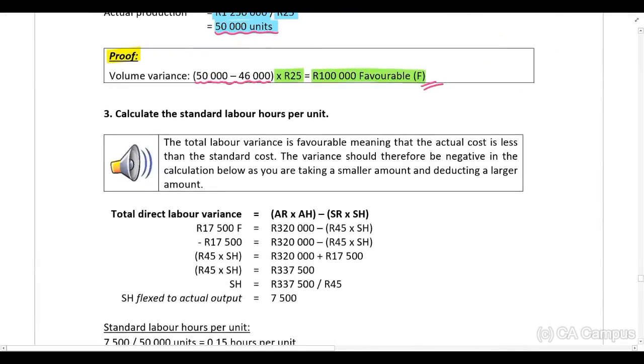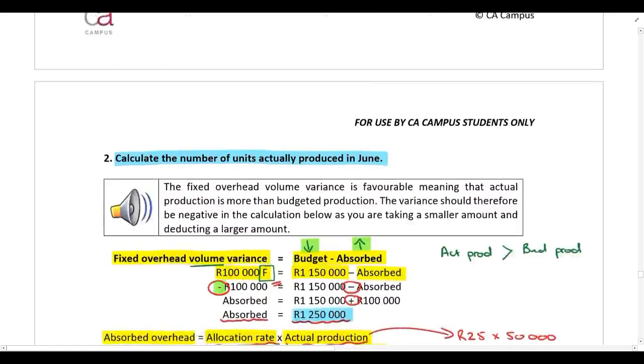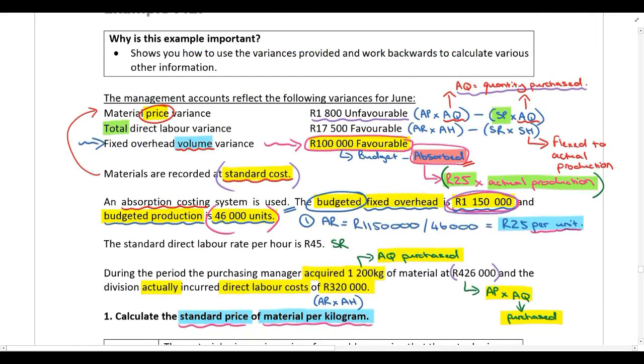Then lastly, you need to calculate the standard labor hours per unit. So obviously, if we are trying to calculate the standard labor hours per unit, we can use the total direct labor variance to perform the calculation, because there's the standard hours, which we need to calculate.